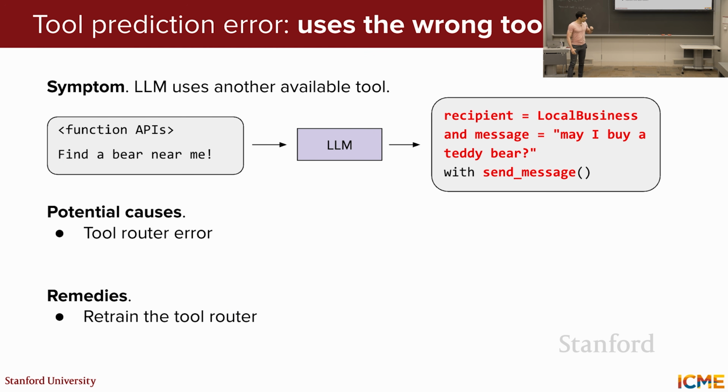And you have to do that at two different levels. The first one is potentially also at the tool router level. Maybe the tool router doesn't know that for this kind of query, you should have the tool that you had in mind as part of the results. So it's possible that you have a recall issue that you need to fix.